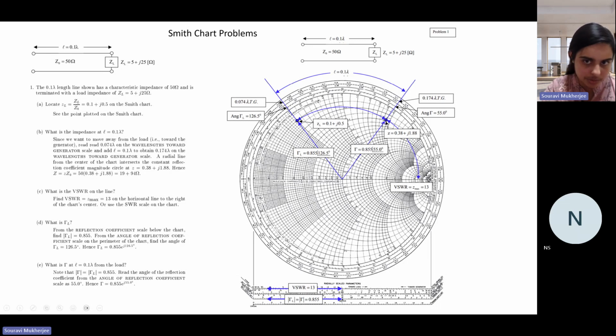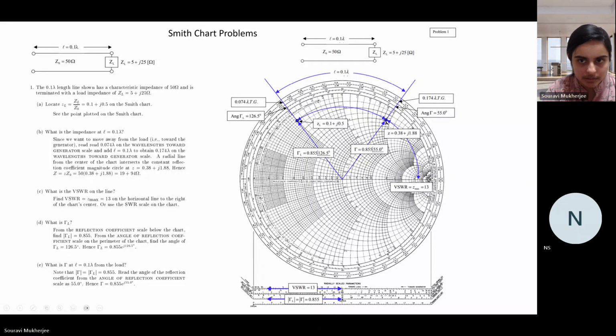Now if you extend back to the same circle, the circle which corresponds to this radius, the radius of your normalized load impedance, the point where the line intersects the circle is the normalized impedance at this distance. If it was some other distance, you would have moved by some other distance, drawn a line, and this would be a part of a circle.